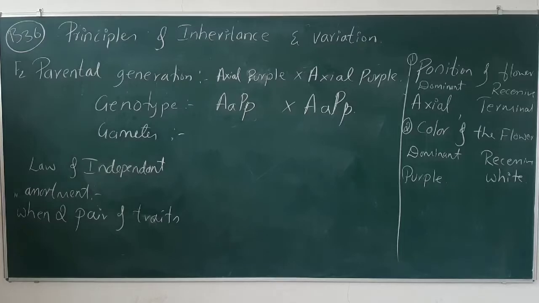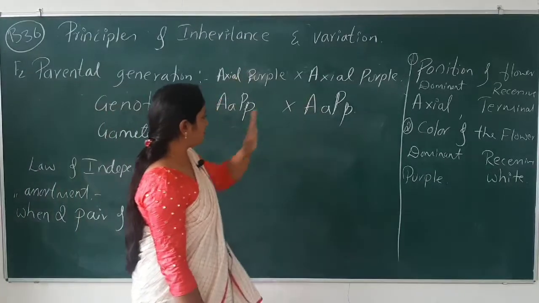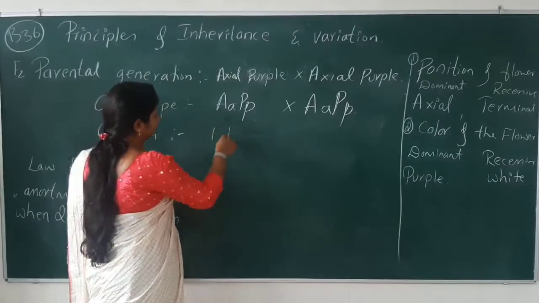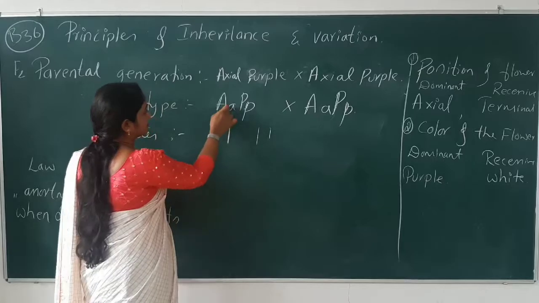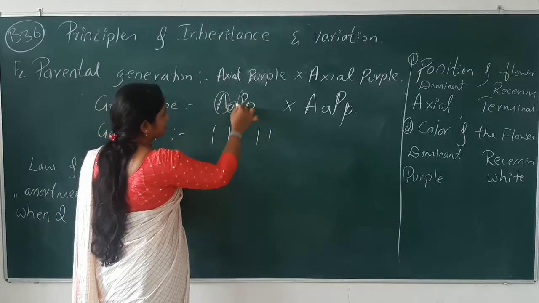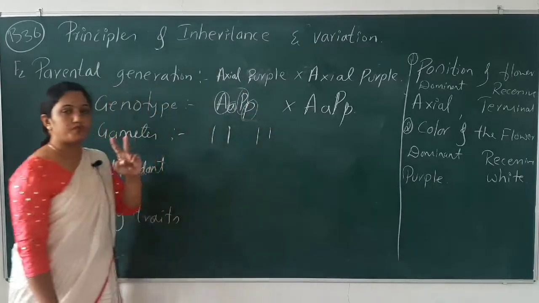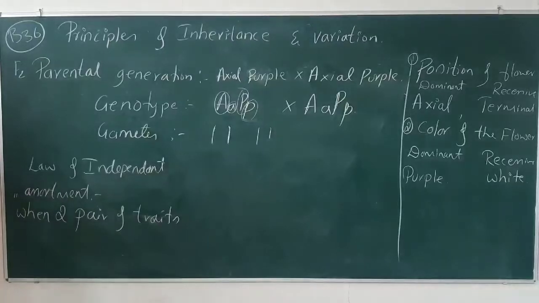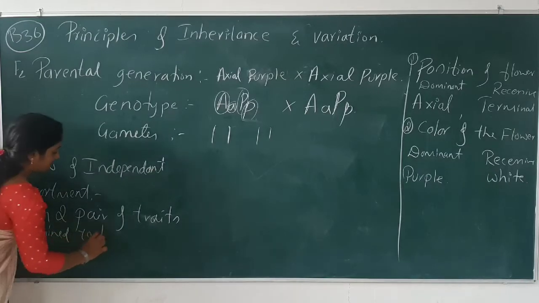It states when two pairs of traits, here when two pairs of traits, this is one trait, this is one trait, this is one trait, this is one trait. Capital A, this is one trait or character, this is one character, and this is one character. It becomes two pairs of characters or two pairs of traits combined to hybrid.